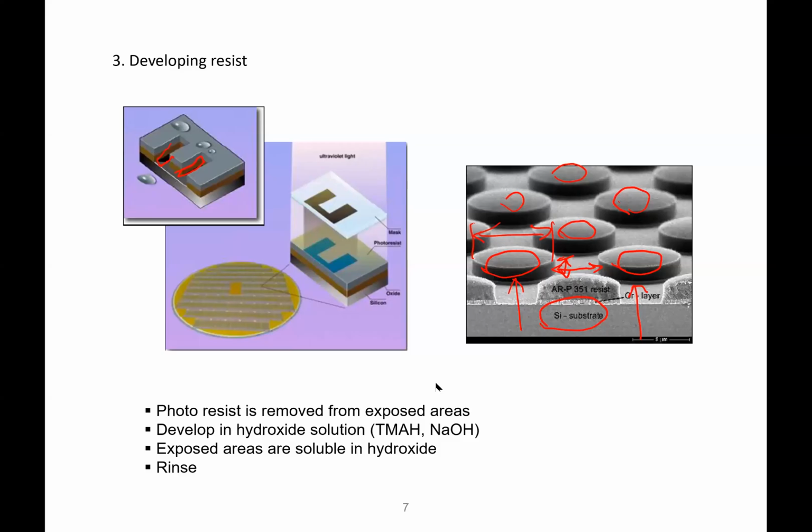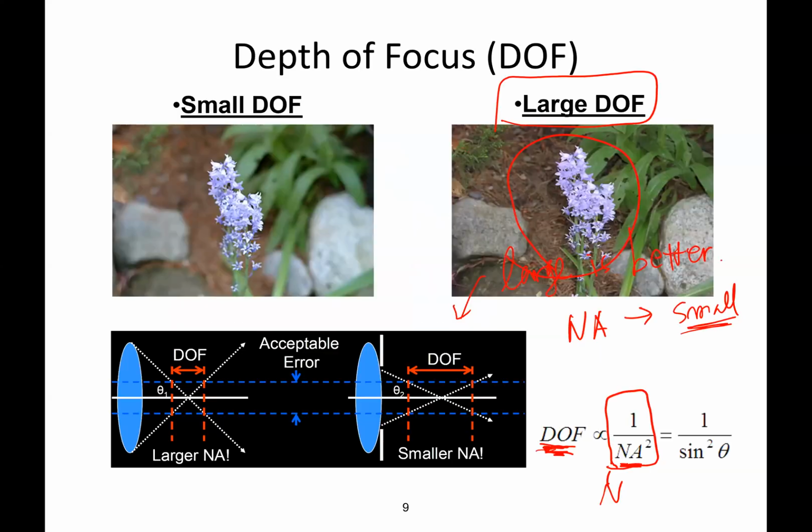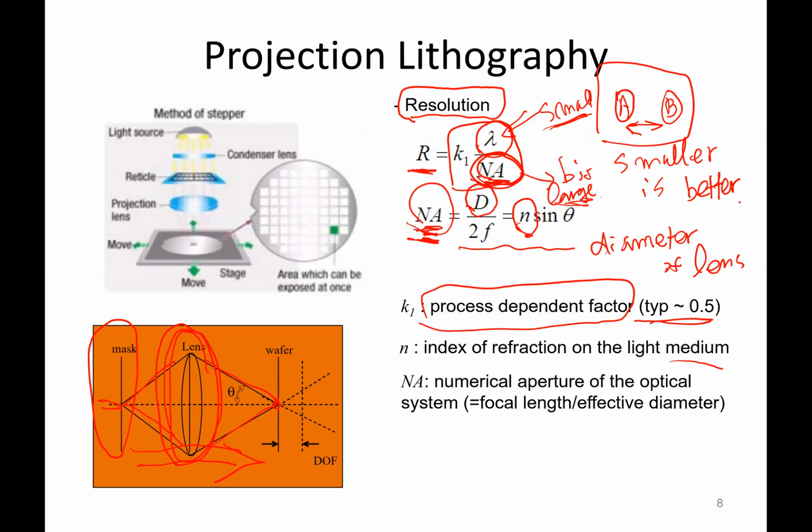Okay, so we can check the patterns and then the defects on the lithography, but the main idea of lithography is to transfer the pattern onto the substrate, and the industry actually tries to make the features smaller and smaller.